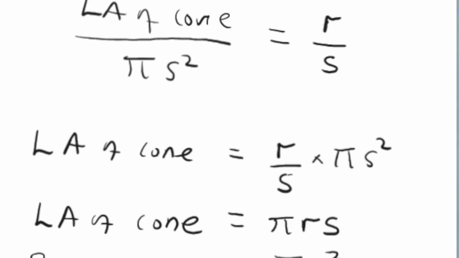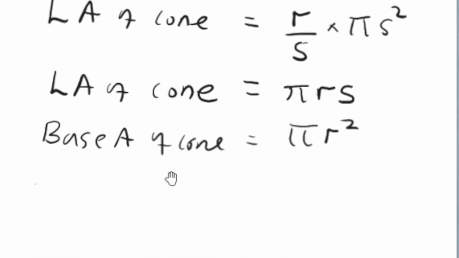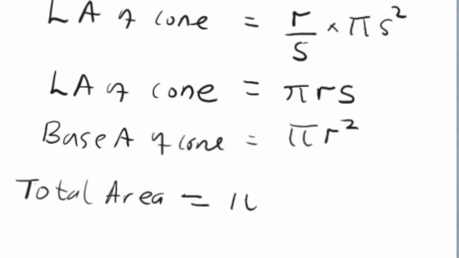So if the base area is pi r squared, and the lateral area is pi r s, the total area is going to be pi r s plus pi r squared.